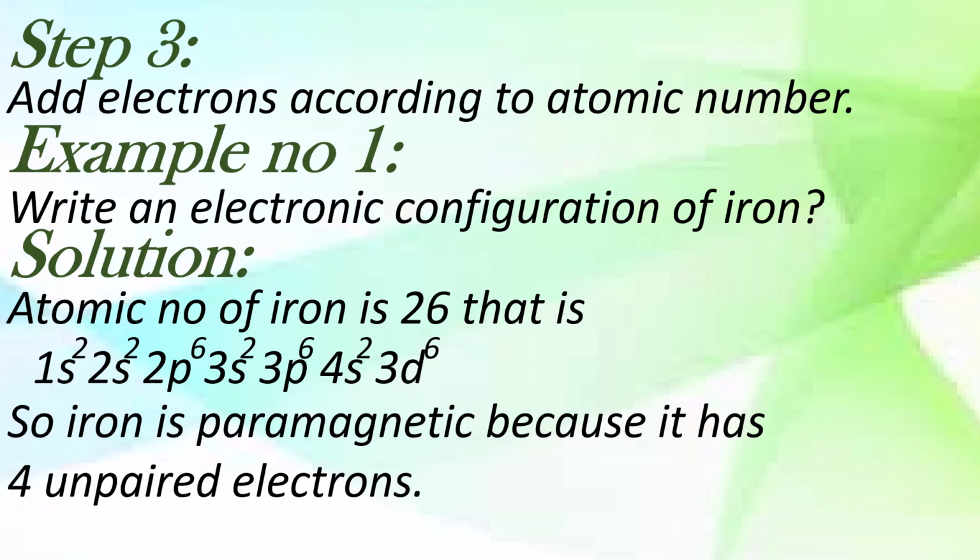So it is also paramagnetic. If you take the example of iron plus 3, 2 electrons will be removed from 4s, and 1 electron removed from 3d. So a total of 3 electrons are released, and iron plus 3 is also paramagnetic because of unpaired electrons.